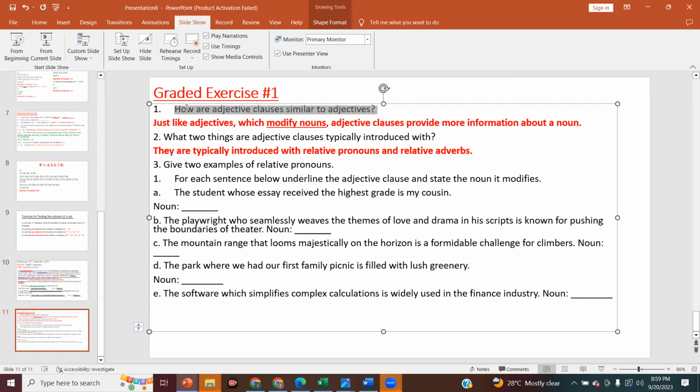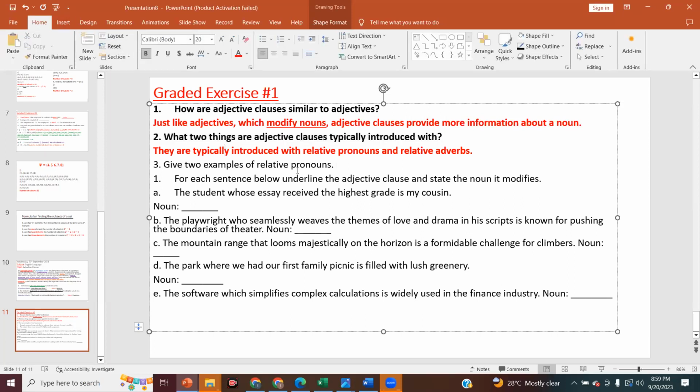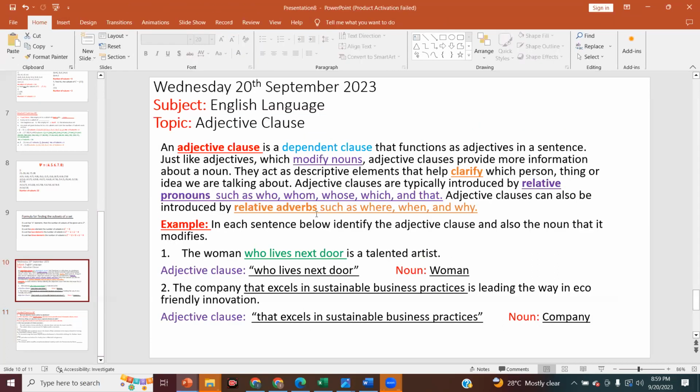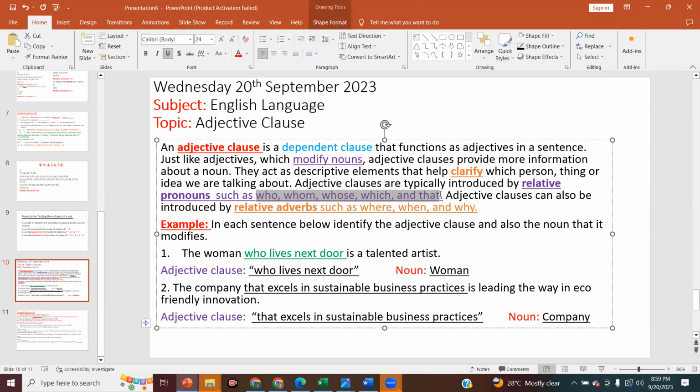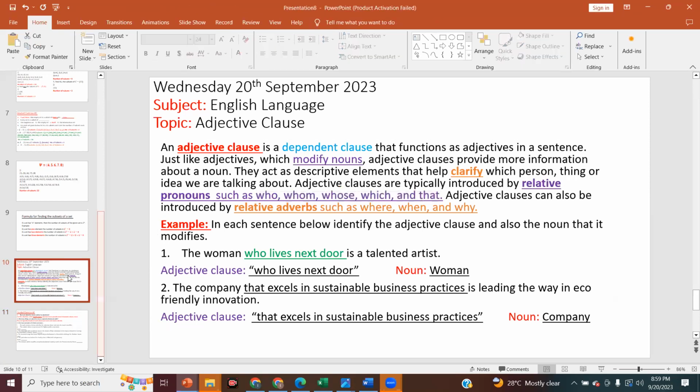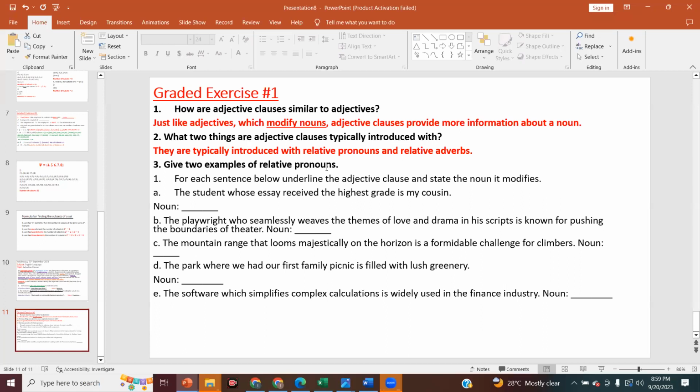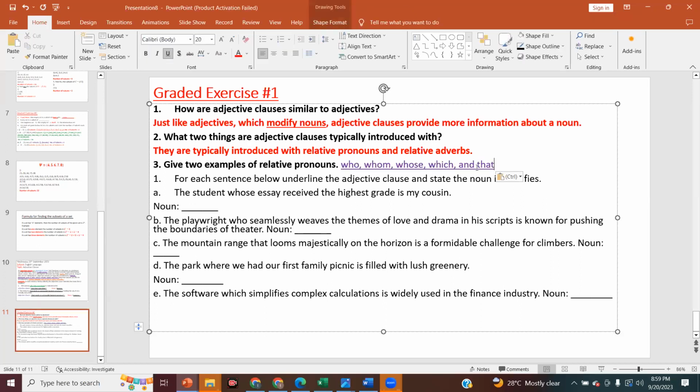Who and which, good. Anyone else? Okay, so the notes told us that examples of relative pronouns are whom, whose, which, and that. So if you have any of those, then you got it right. Anyone got that right? Let me know. Yes, sir.